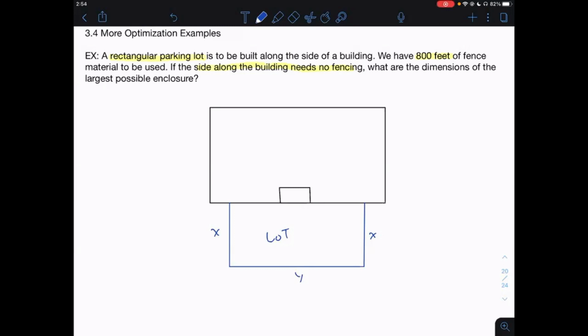All right, so what are we trying to do here? We want to figure out the dimensions for the largest possible enclosure. In other words, we want to figure out what X and Y have to be if we want to maximize the area.